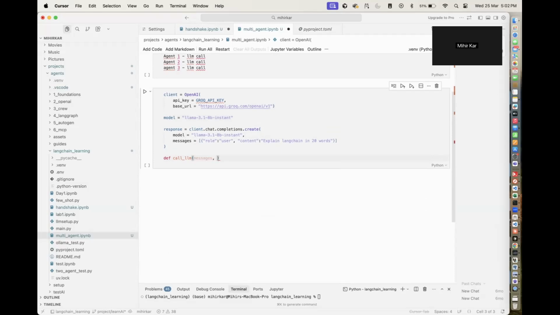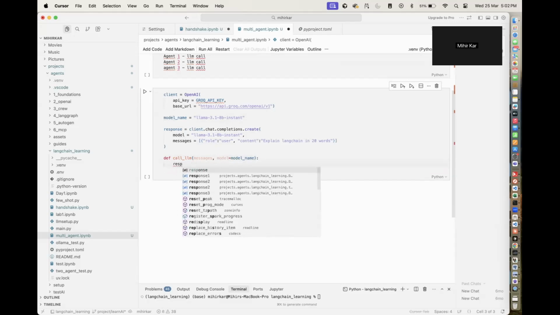What else we need here? We need model. Another response.